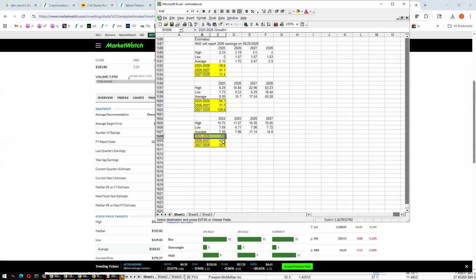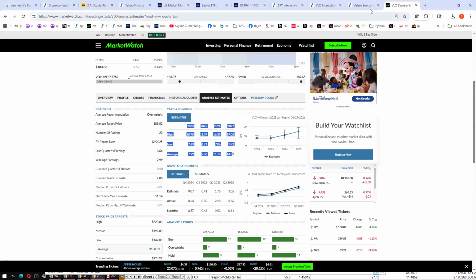And from this year to next year, they're growing 41% and 32%, which is pretty good. These are consolidated analyst estimates, and this is how I determine the growth rate of a company stock. So they're growing at, let's say, an average of 40% for the next 2 years.